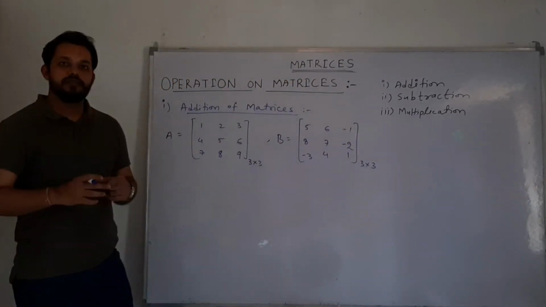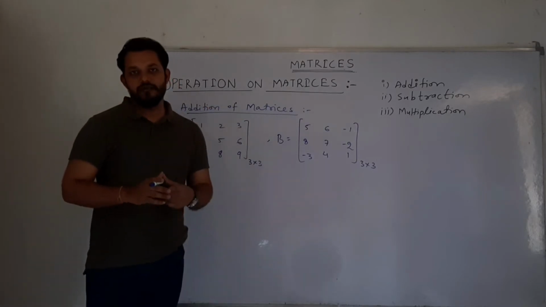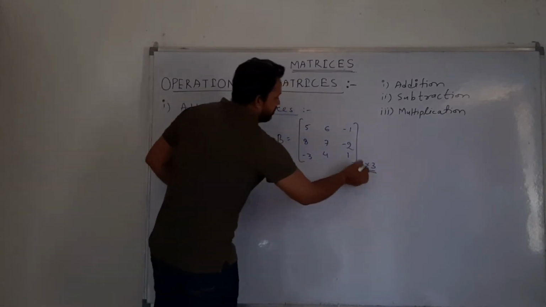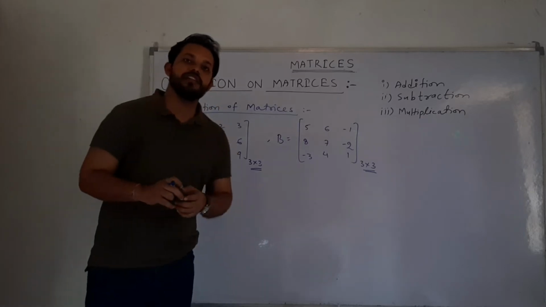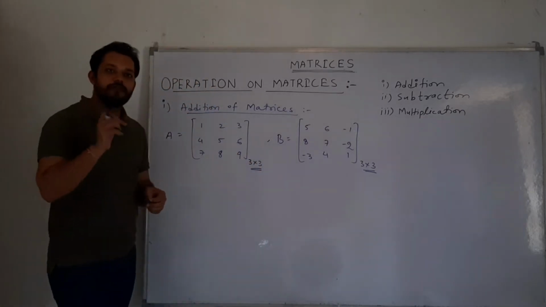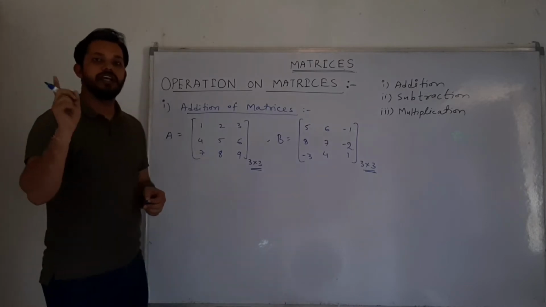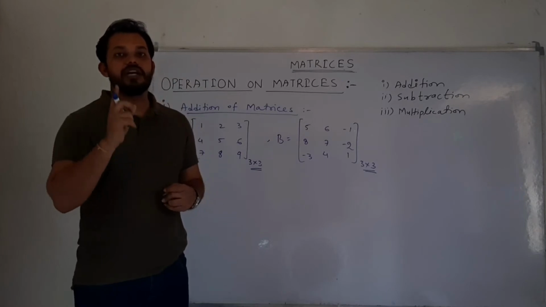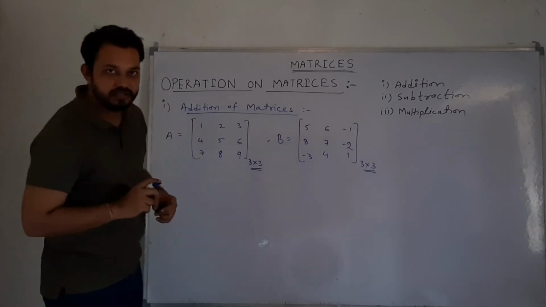Then we want to add both the matrices, and we check both the matrices have same order. For doing the operation of addition in these two matrices, we have to add each and every corresponding element. And in earlier classes, we learned what are the corresponding elements of the two matrices.